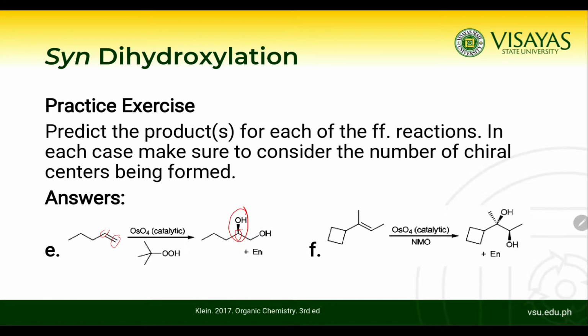Okay. For letter F, we have these two carbons where our hydroxyls will bond. Now, these carbons here are chiral carbons. So we have to show whether the two hydroxyls are wedge or broken line, as long as they are on the same face, no? To show same face, it's either both wedge or both broken line.